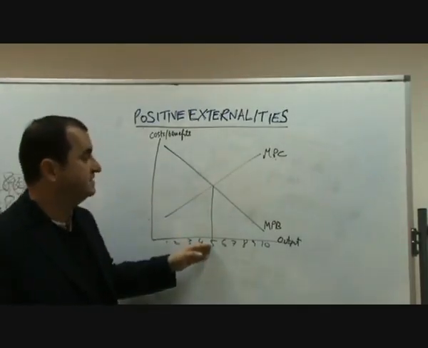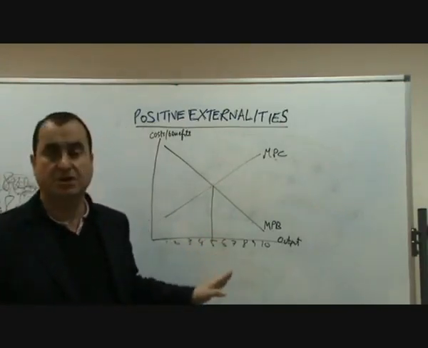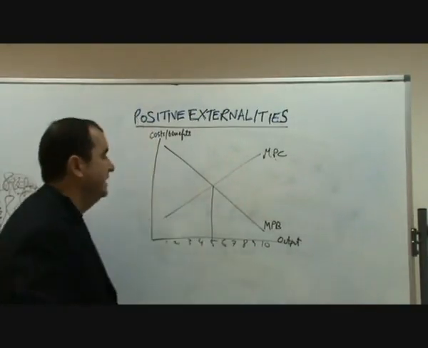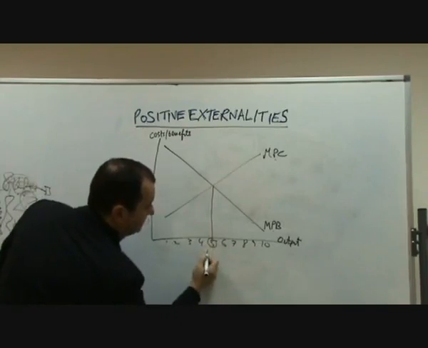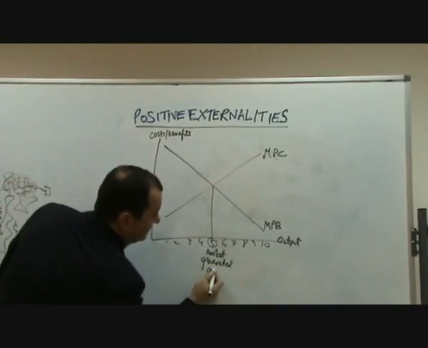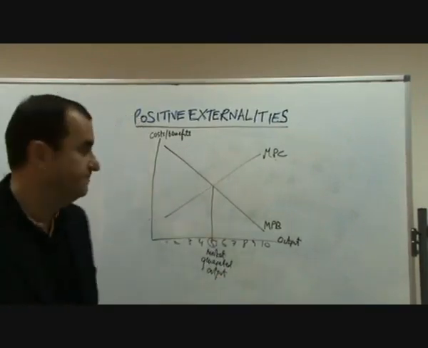The 5th unit brings in as much private benefit as it does private cost. No one would consume the 6th unit, which brings in more cost than it does benefit. That would be irrational. And so we call this the market generated output level. It's what we get if we leave things to market forces.